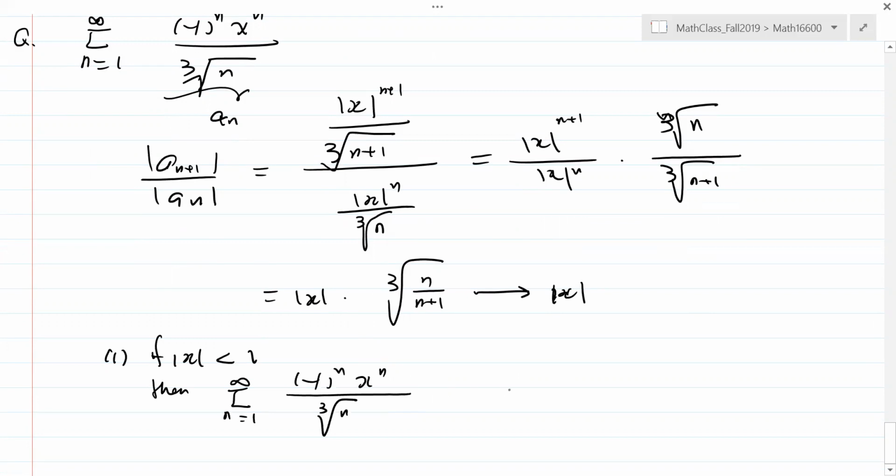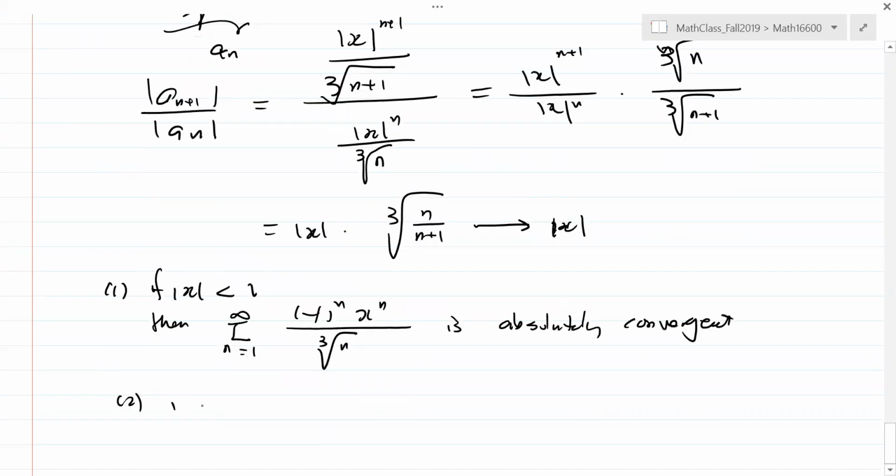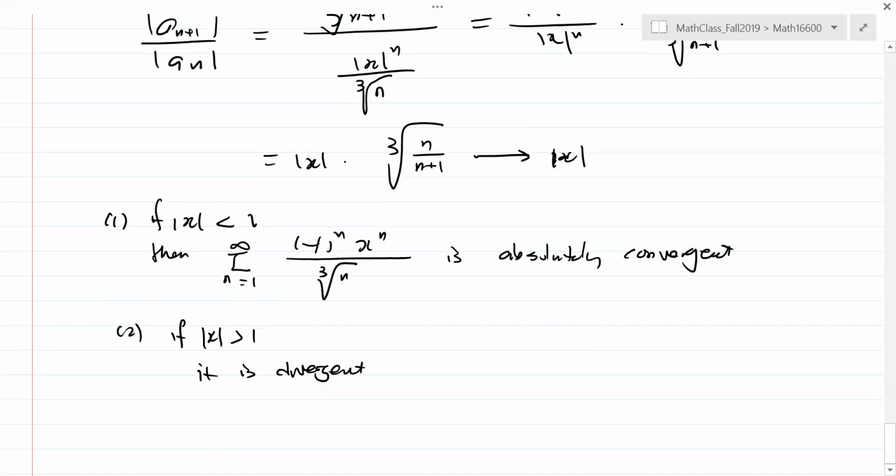And if absolute x is greater than 1, the series is divergent. So now at least I know there's an open interval from negative 1 to positive 1, and for x in the interval, it is absolutely convergent.